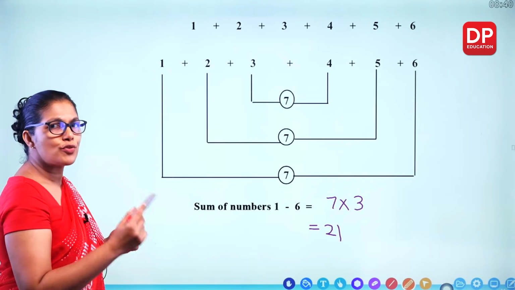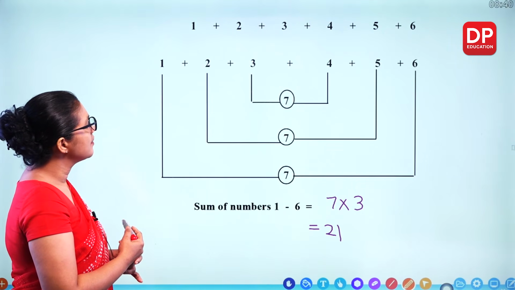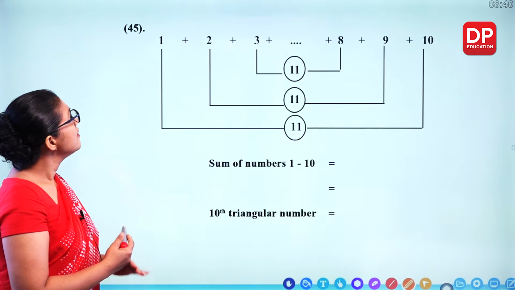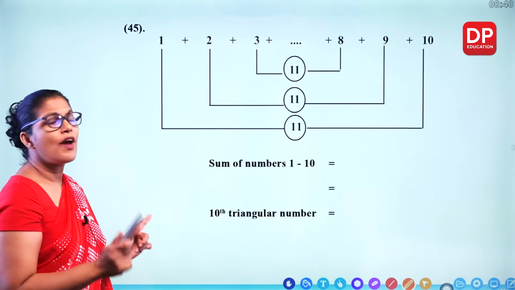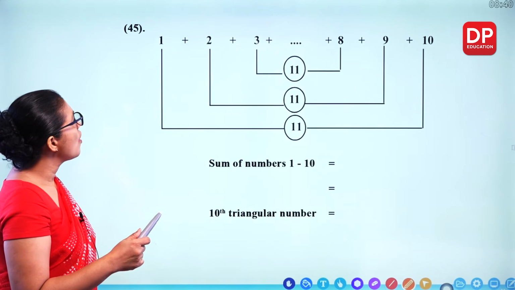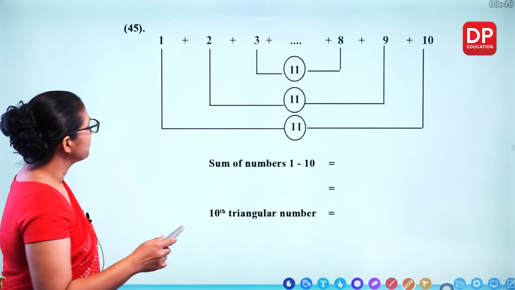Adding 1 to 6, counting numbers. This one is 1 to 10, the 10th triangular number. 1 plus 2 plus 3 plus like that. So how many times are you getting this?